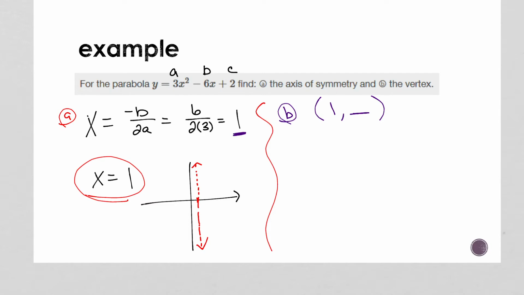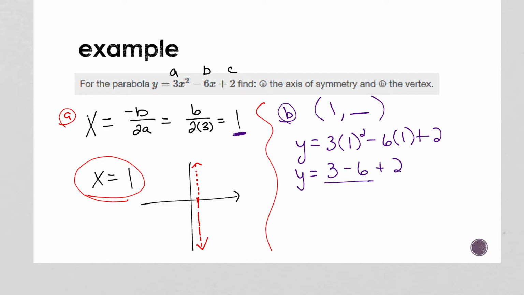So y is equal to 3 times 1 squared minus 6 times 1 plus 2. So y is equal to 3 times 1, which is 3, minus 6 plus 2. Now we've got to do this first. Okay, so our vertex is at (1, negative 1).